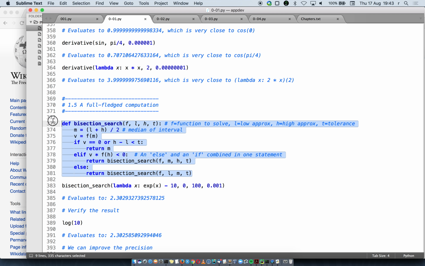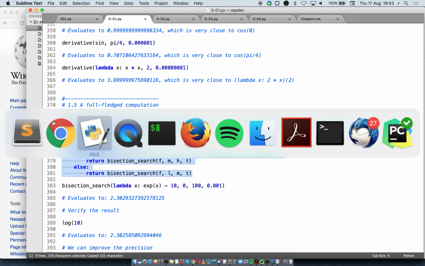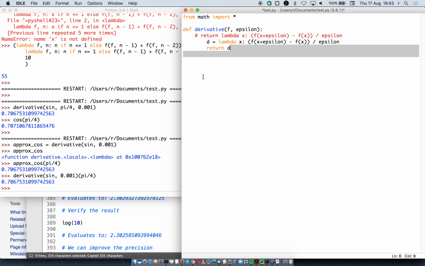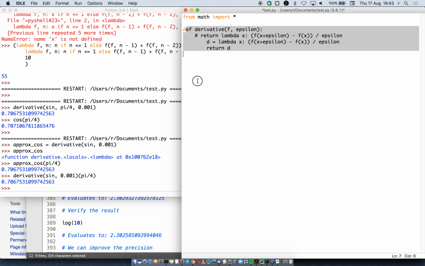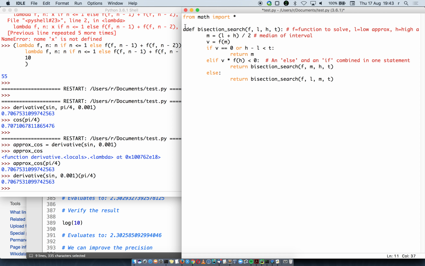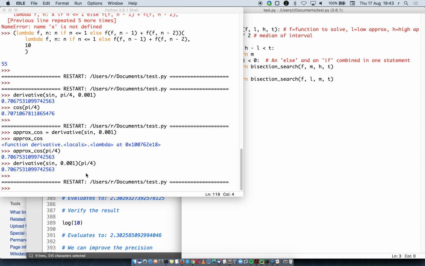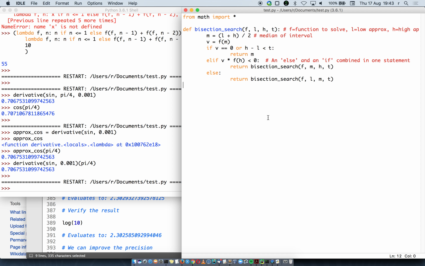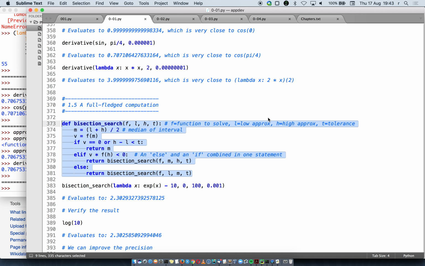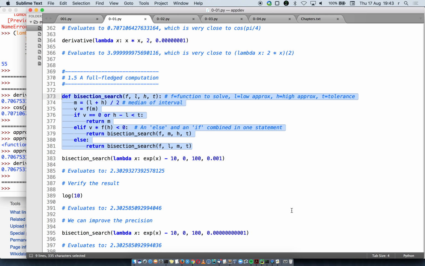So let's keep the math inside. And well, we need a good function because not all functions will work well.